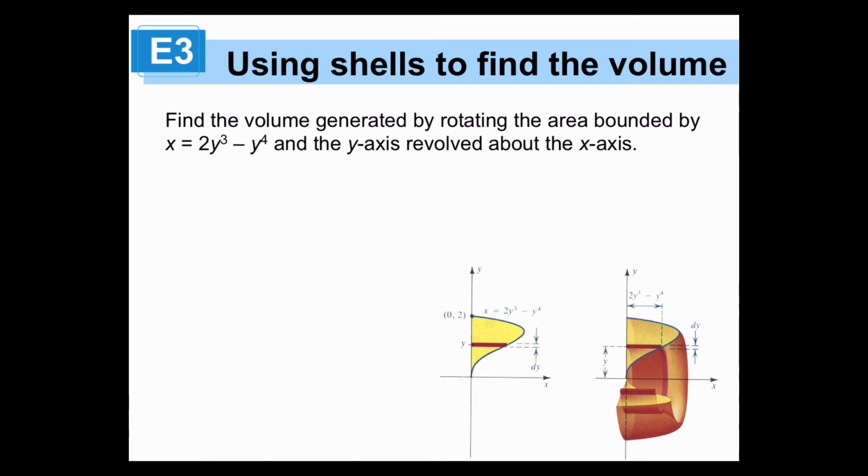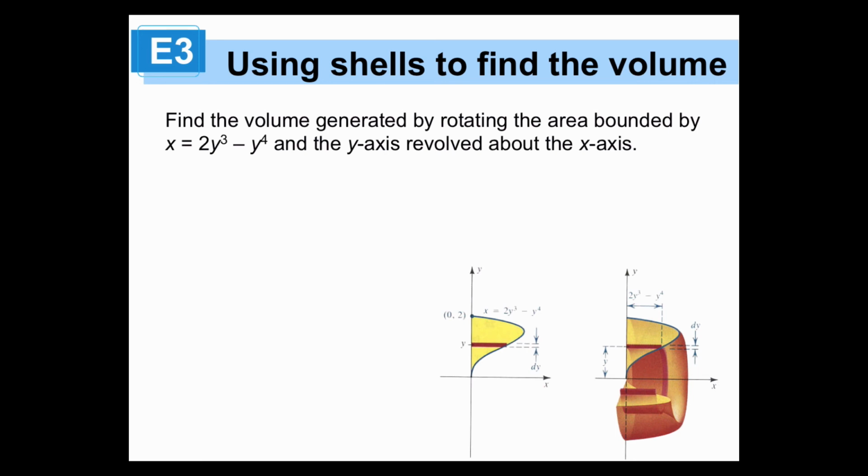Okay, so in this case, this one's a little different. What's different about this problem from the other 2 examples we've done? It's in terms of y. How do you know that? Because it's sideways and it says y. Good. So the first indication is that I've solved the function for x already, not solvable for y. So you're being forced into using y's.